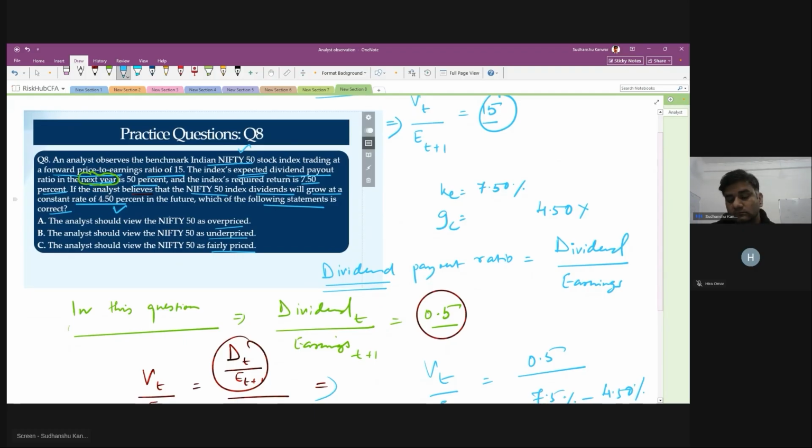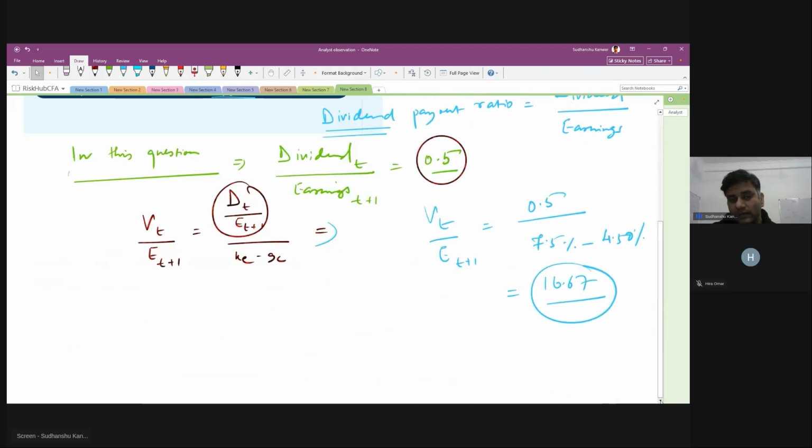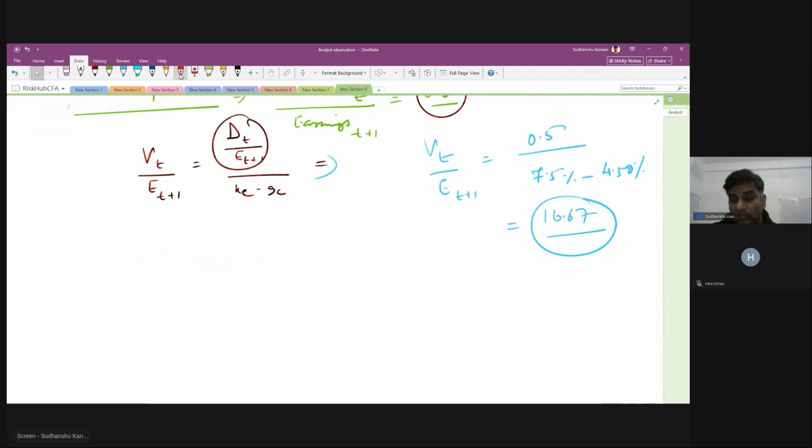In simple words, this is very confusing. A lot of students get confused. I'll try to give you a sense here, which will help you later also. See, one is analyst belief.